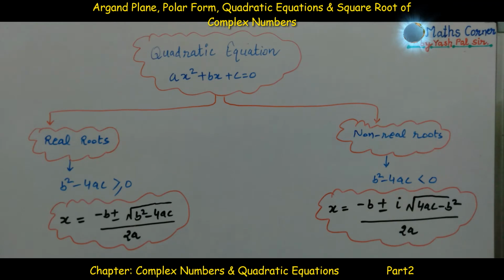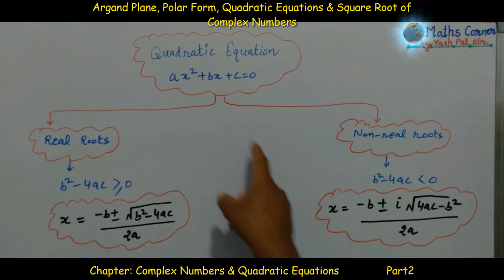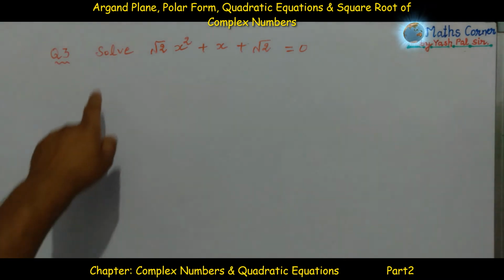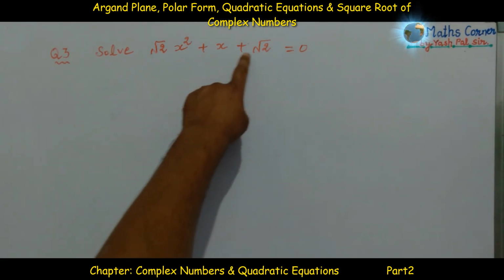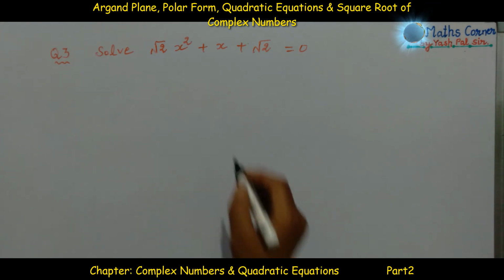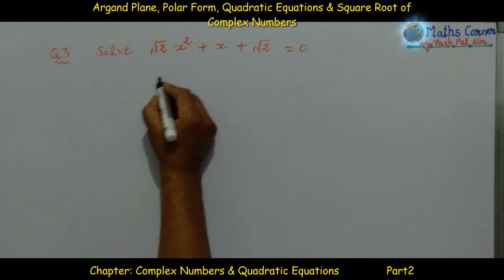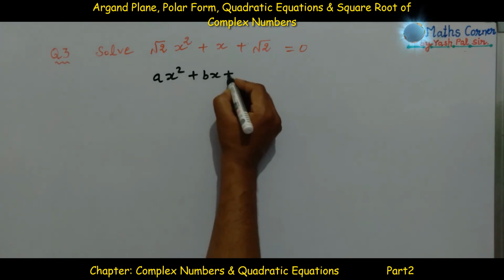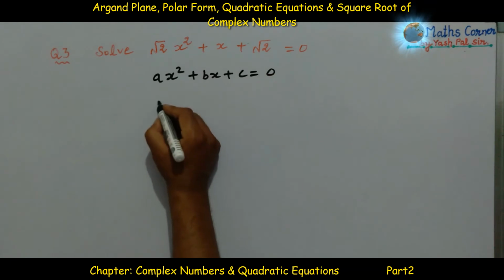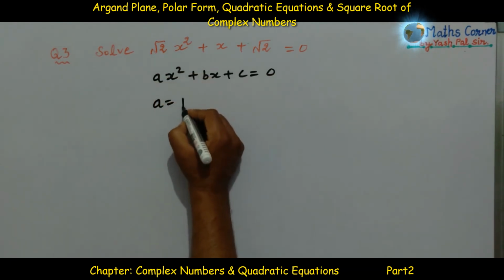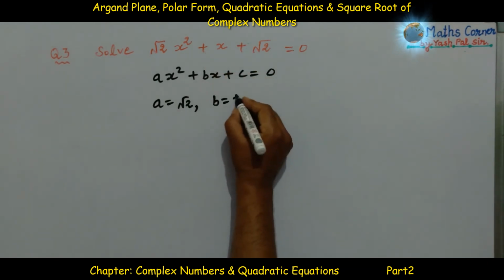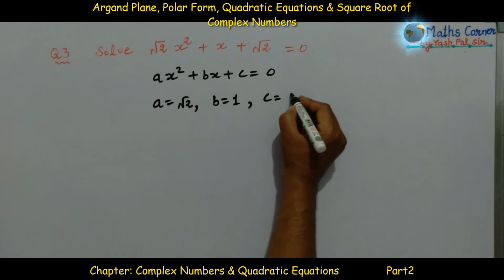Now let us have one example of a quadratic equation having complex numbers as roots. Solve square root of 2 x square plus x plus square root 2 equal to 0. First of all, comparing this with the general form ax square plus bx plus c equal to 0, here the value of a is square root 2, b is the coefficient of x which is equal to 1, and c is square root of 2.